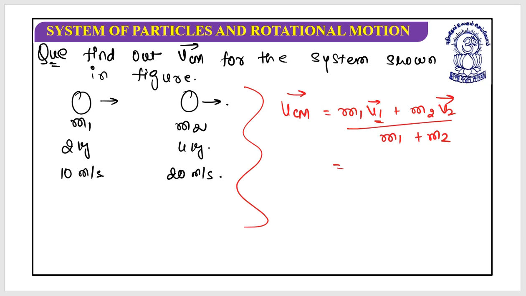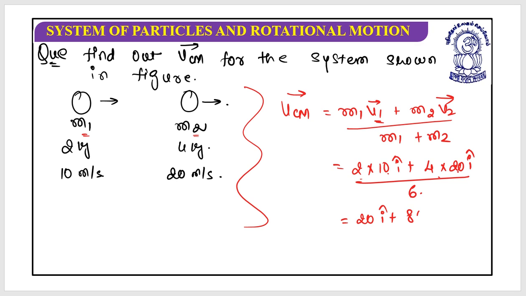As this is moving in the positive x direction, this could be written as 2 into 10 i cap plus 4 into 20 i cap divided by m1 plus m2. That is 2 kg plus 4 kg, which is 6. So 2 tens are 20 i plus 4 twenties are 80 i, divided by 6.